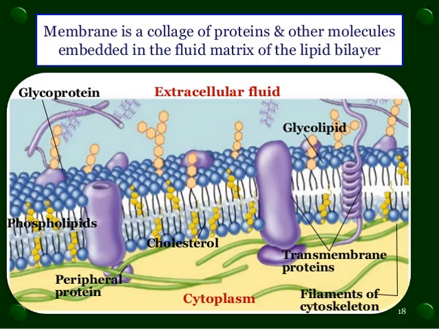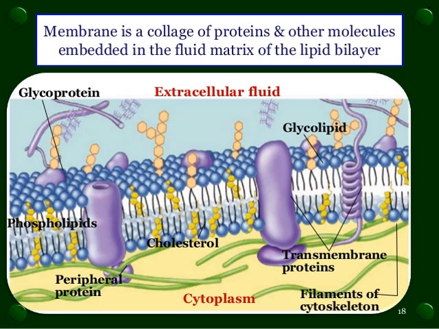Here you can see the diagram which clearly illustrates the glycoprotein, extracellular fluid, glycolipids, then transmembrane proteins, inside the cytoplasm layer, peripheral proteins, then filaments of cytoskeleton also.